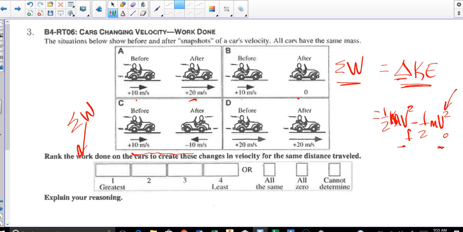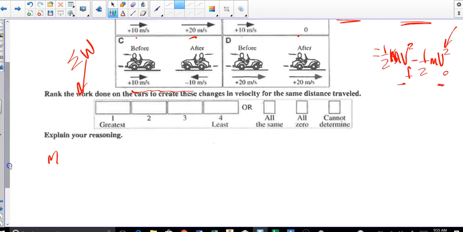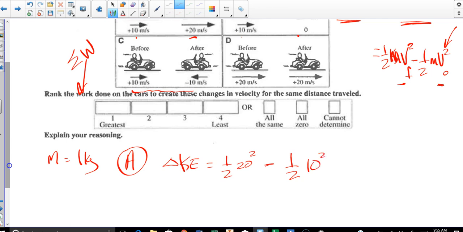So they don't give us the mass, but they're the same car. So let's call all the masses 1 kilogram. That way we don't have to worry about it. So if we assume that the mass of the car is 1 kilogram, then, for example, the change in kinetic energy for A is going to be 1/2 times 1 times 20 squared minus 1/2 times 10 squared.